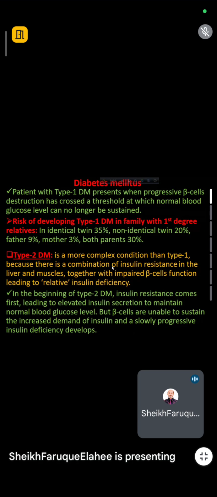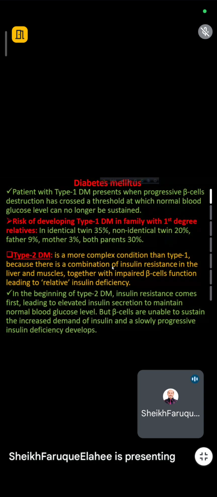Say 30% of insulin is resistant and 70% still works, so he will not have diabetes. But as time passes, more and more tissue will become resistant to the insulin. First 30% of tissue was resistant, then 50%, then 70% resistant, and then there will be diabetes. You understand? So this will not occur just from the beginning.